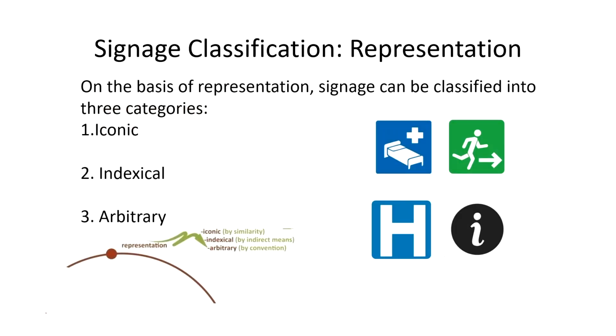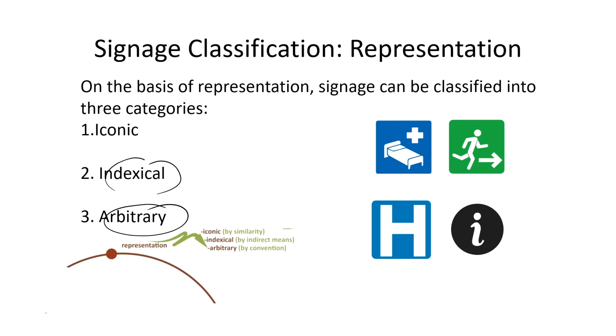Okay, so let's go back to our first classification system, that is signage classification based on representation. On the basis of representation, signage can be classified into three categories, that is iconic, indexical, and arbitrary. What are these iconic signages? Iconic signages convey meaning through visual similarity or resemblance to the identified message.